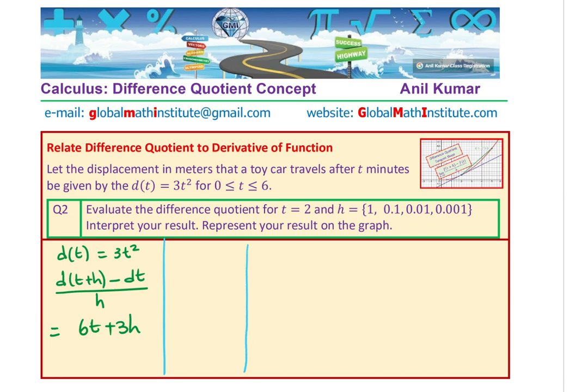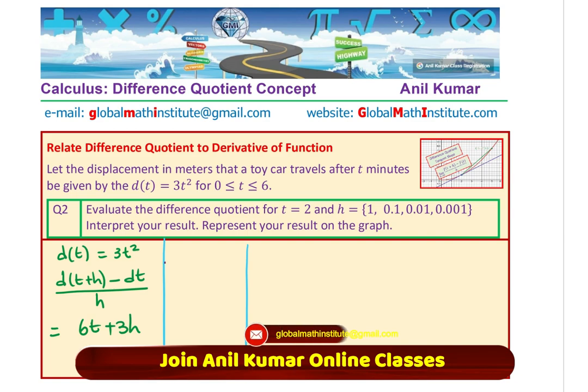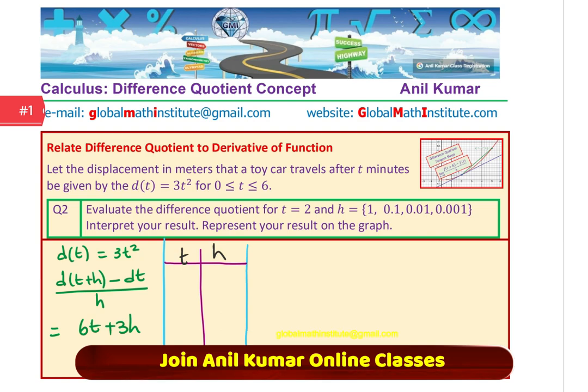So we'll have different values of t and h, right? Let me just make a table here. Let's take values of t and h and we'll calculate what is 6t plus 3h. Make sense?